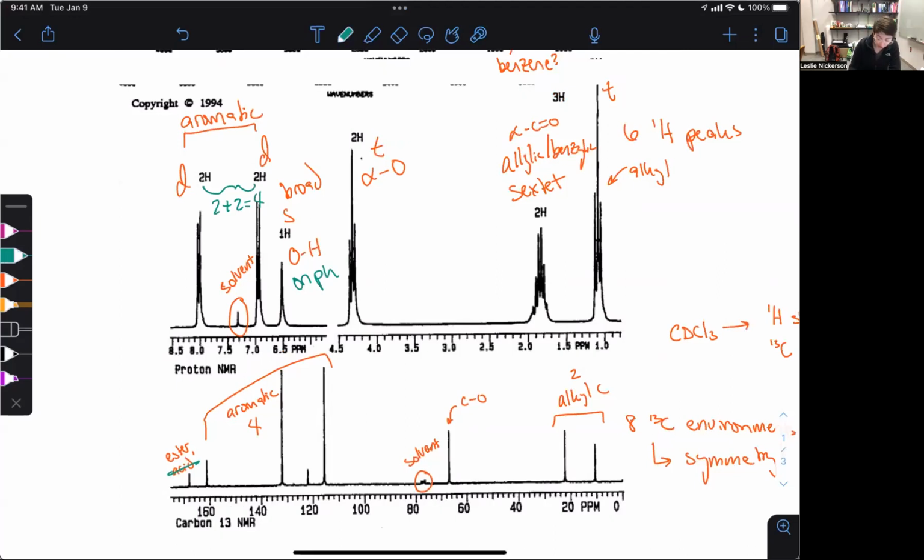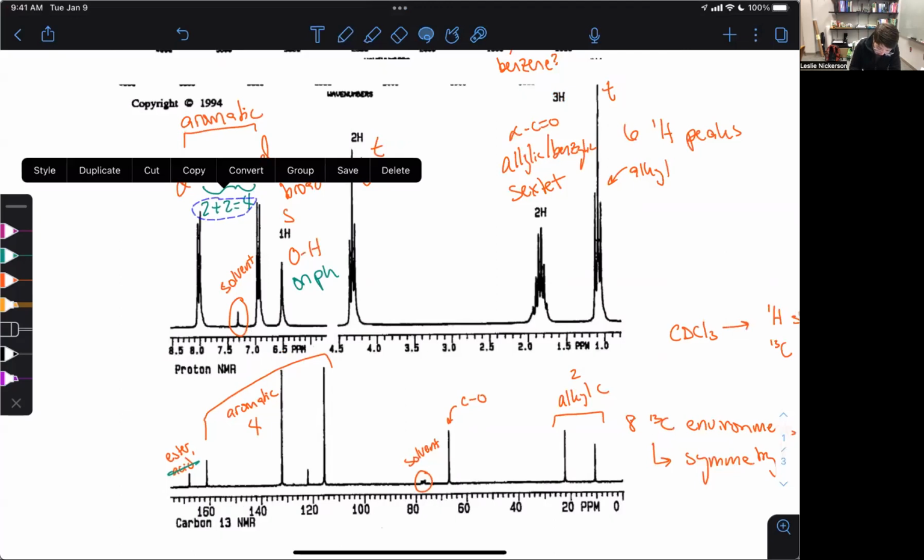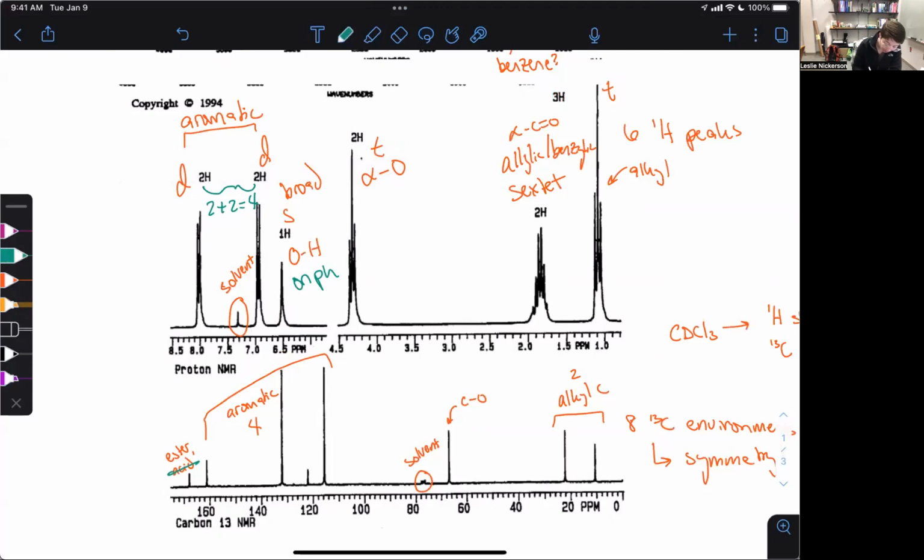Okay, so this is a piece of information that a lot of people seem to overlook. And I'm not talking about the simple mathematics. I'm just talking about the fact that if we think about a benzene ring, we draw that out, and we draw in all the H's.